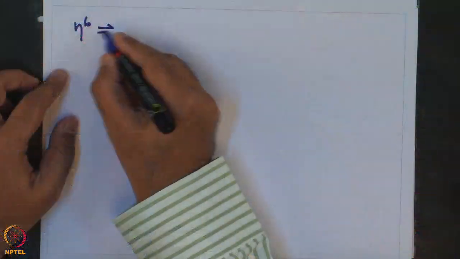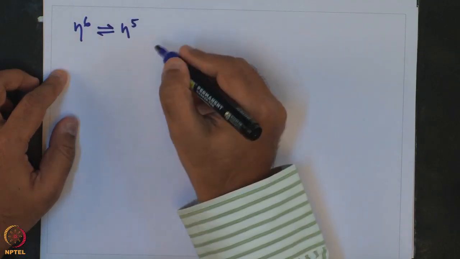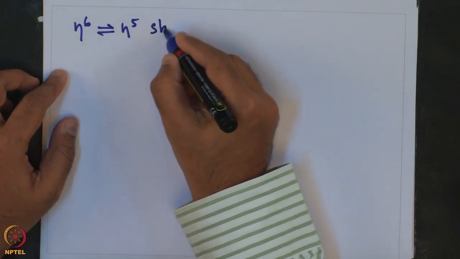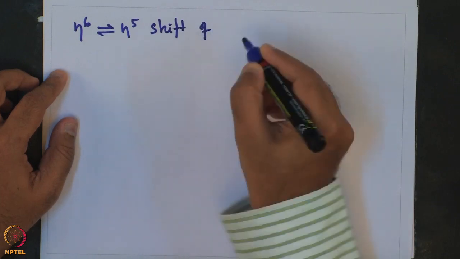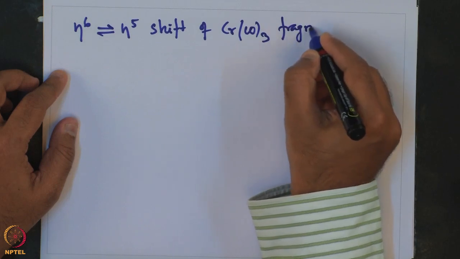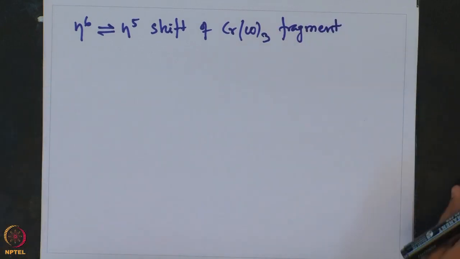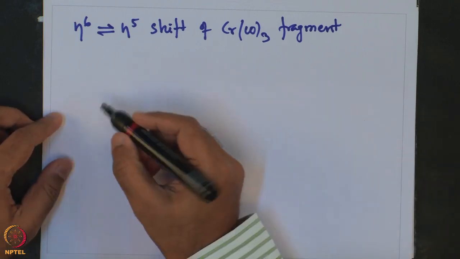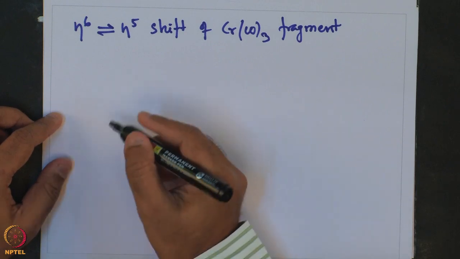Now, the other interesting reactivity is the shift of eta 6 to eta 5 hapticity. And so, this example would involve eta 6 to eta 5 shift of the chromium tricarbonyl fragment, and this is beautifully explained in this reaction.